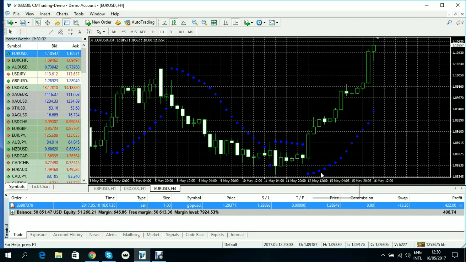You exit between the first, second and third dot appearances. You close the sell trade, because by then the sell will be in profit. Then you follow it up again.